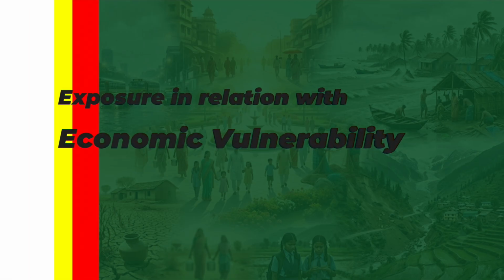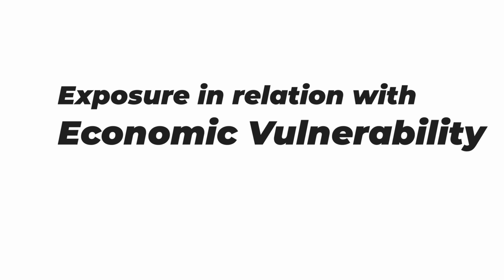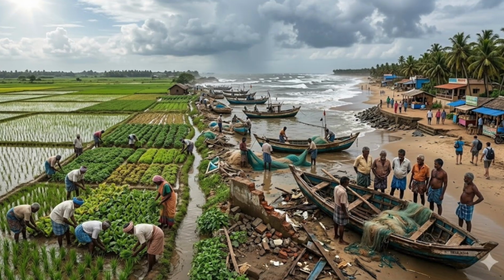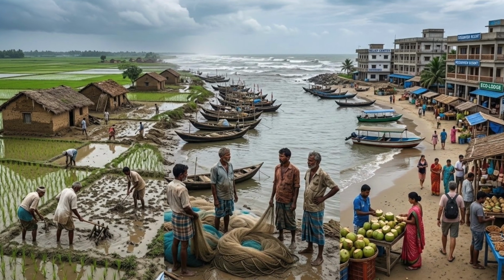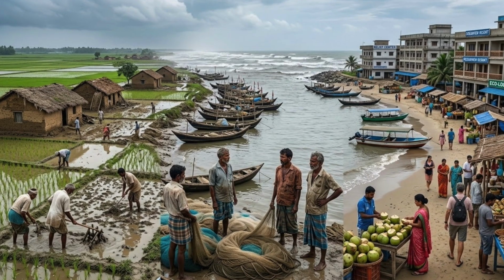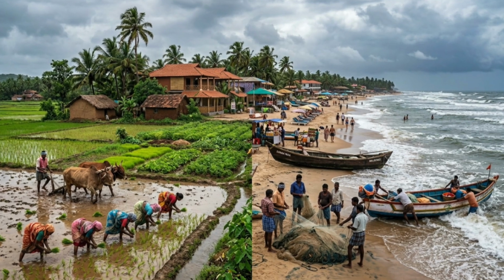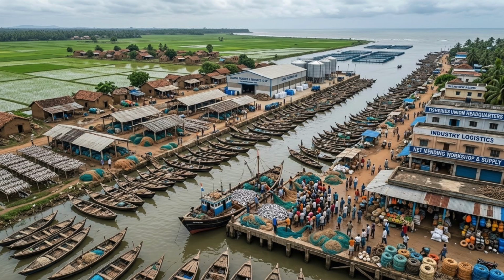Now, let me explain to you the concept of exposure in relation with economic vulnerability. Economic exposure takes place when agriculture, fisheries and tourism are climate sensitive sectors which form a substantial portion of livelihood. Whole local economies are dependent on an industry or resources.